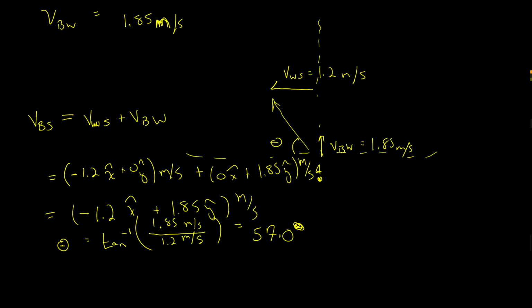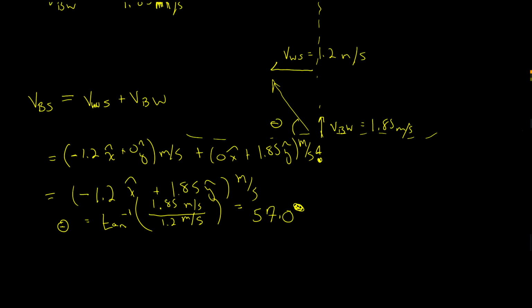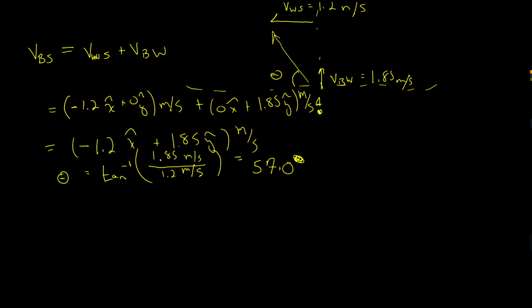Now what we can do is use these to solve problems and to figure out components that we might get. So I could have this same situation, same boat, same water, but now what the boat wants to do is make it straight across shore.